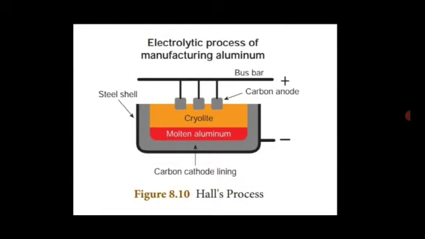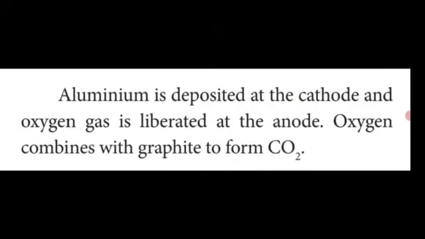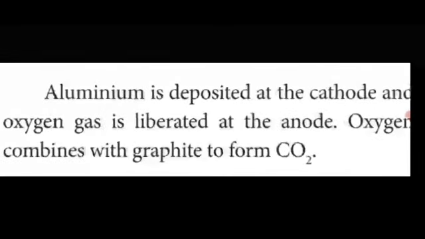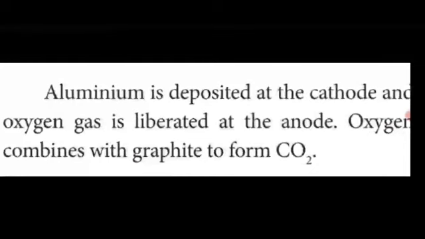The anode liberates oxygen gas. This oxygen gas reacts with carbon. Oxygen combines with graphite to form carbon dioxide. Graphite is the main source of carbon, so the carbon reacts with oxygen to form carbon dioxide gas.